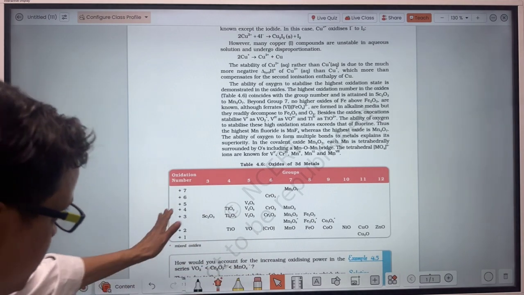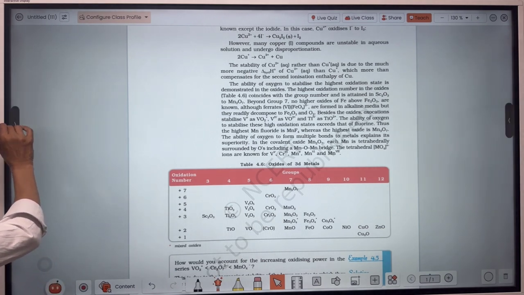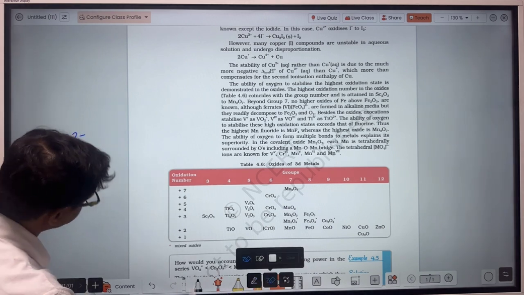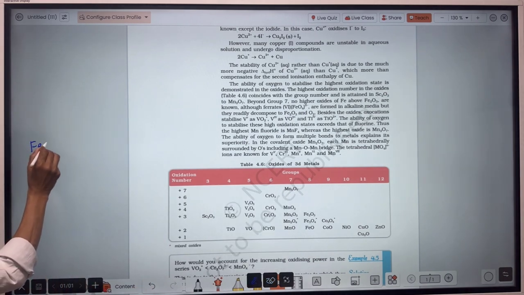We have seen this here. Now let's see some important points which we have not discussed. That is ferrates, FeO4 2 minus, here is called ferrate.